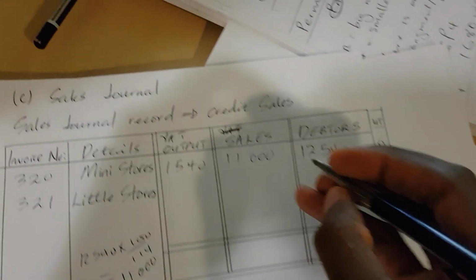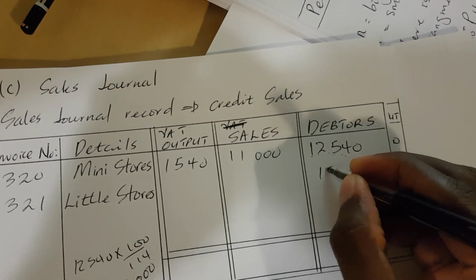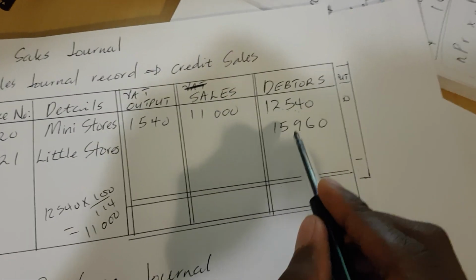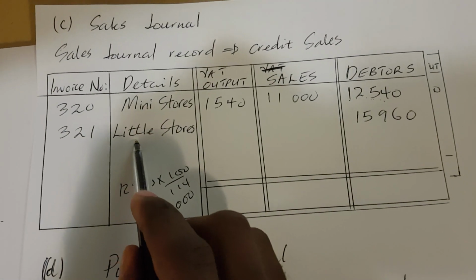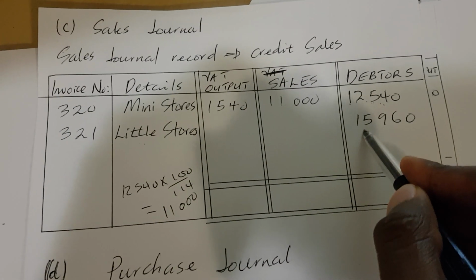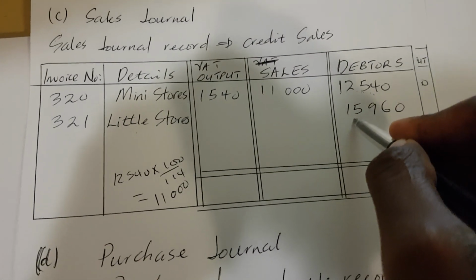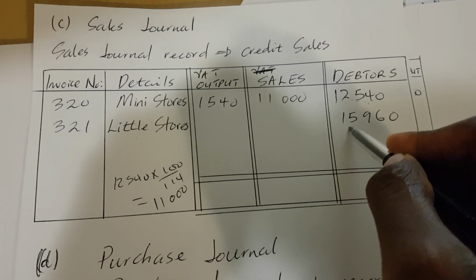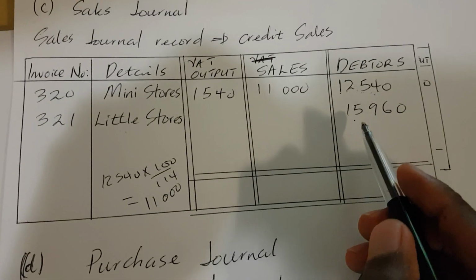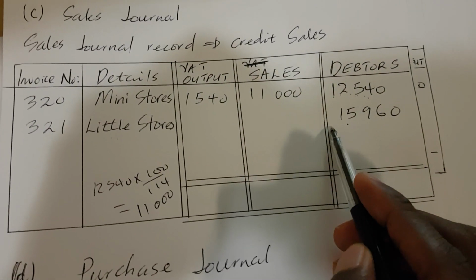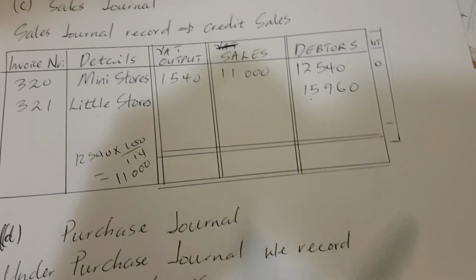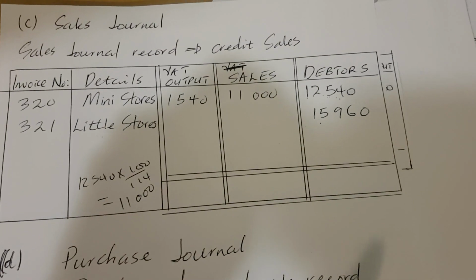So it means Little Stores, this shop, is our debtor, since we sold these goods to them on credit. So they are owing us 15,960. And at the same time, we know that inside this 15,960, the VAT is inclusive. So what are we going to do?